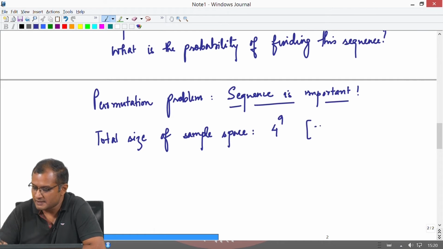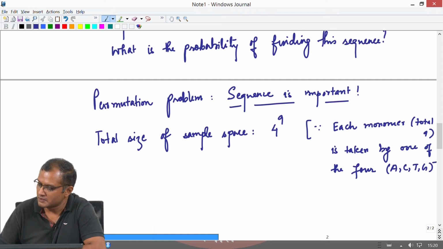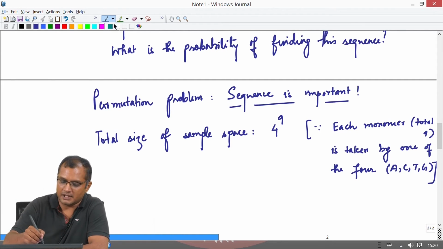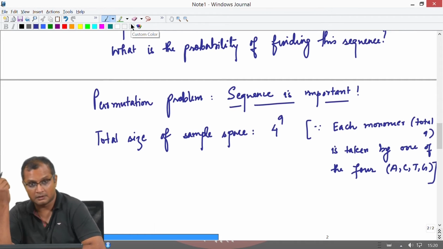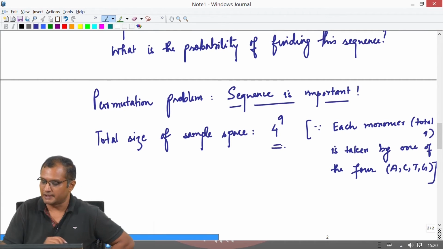Each of the 9 monomers is taken by one of the 4, that is A, C, T and G. So, if you have 9 vacancies and each vacancy can be taken by one of these 4, the total number of peptide chains you can construct is 4 to the power 9.